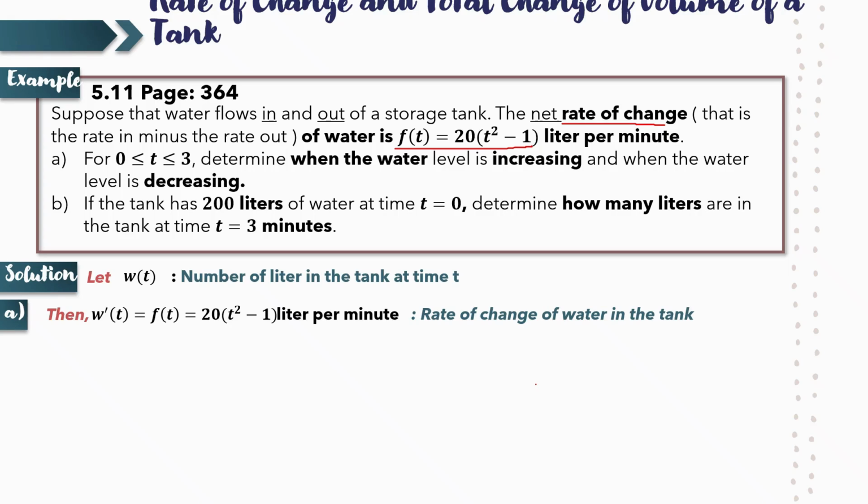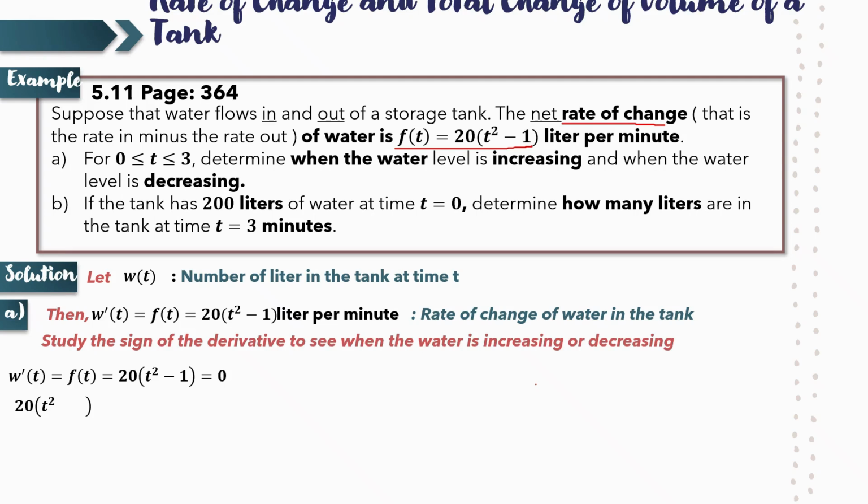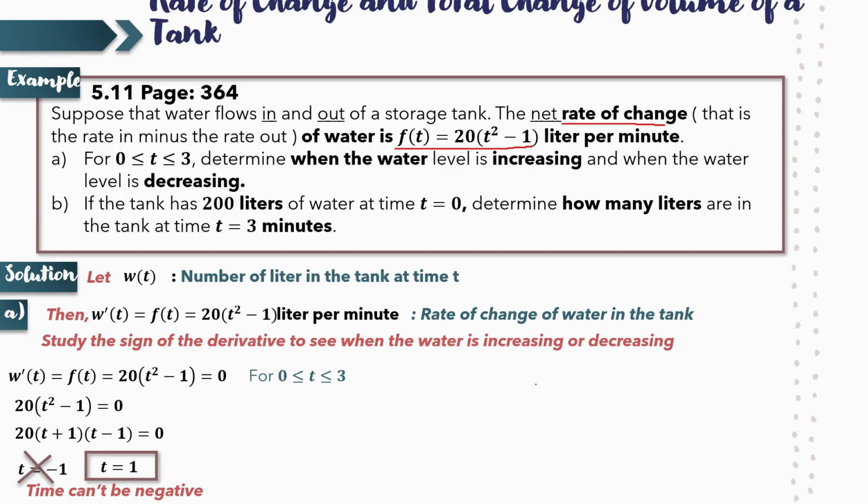Now to find whether the water level is increasing or decreasing, first you need a critical number. Let's equate it to 0. When we equate it to 0, we'll get two values for t, as t squared is a quadratic equation. We'll get negative 1 and positive 1. As time cannot be negative, we cancel the negative 1. Let's move with only the positive 1.